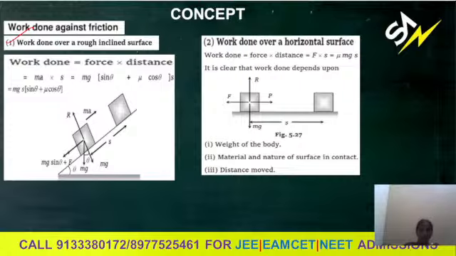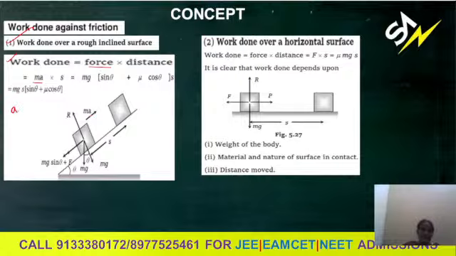To find the work done against friction, the work done formula is force into displacement. Force is m into a, into s. Now you can observe this free body diagram: it is accelerating up the rough incline.